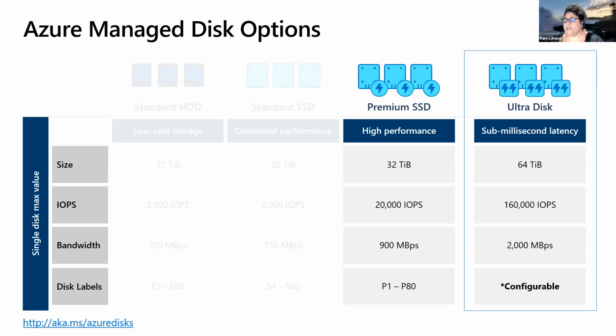Sometimes you could get up into the 10 to 15 millisecond latency as well. But for the most part, your SQL Server should be able to handle that level of latency. There are definitely some workloads that need it to be faster, and that's where ultra disk comes in. I've had a couple of customers say, we measured the latency and it's so much slower. And I said, yeah, but measure your application latency.